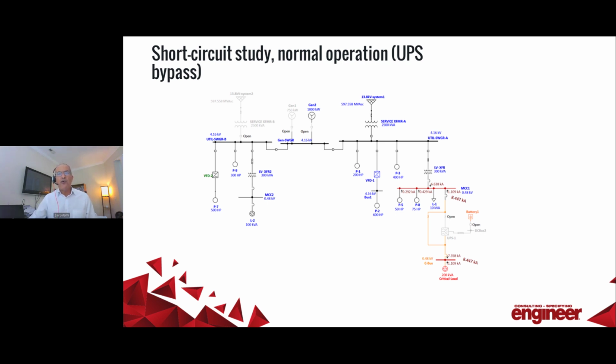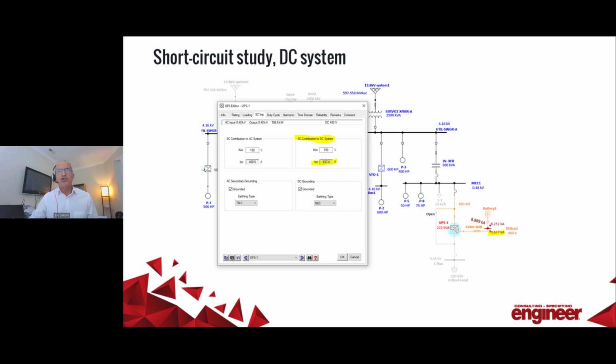Therefore, as I mentioned, we need to look into all configurations when analyzing, because most of the time bypass would be the worst case condition, and the system should be designed based on that.